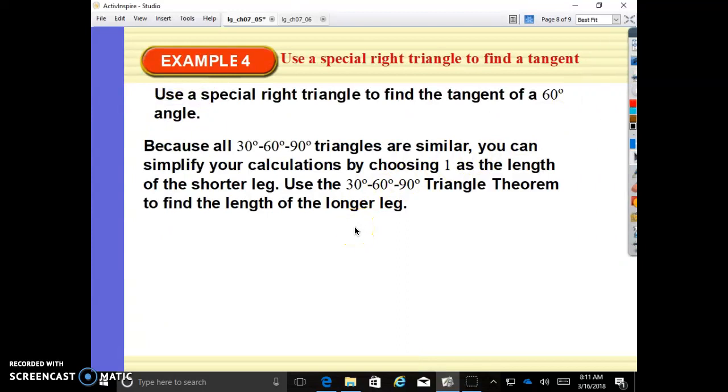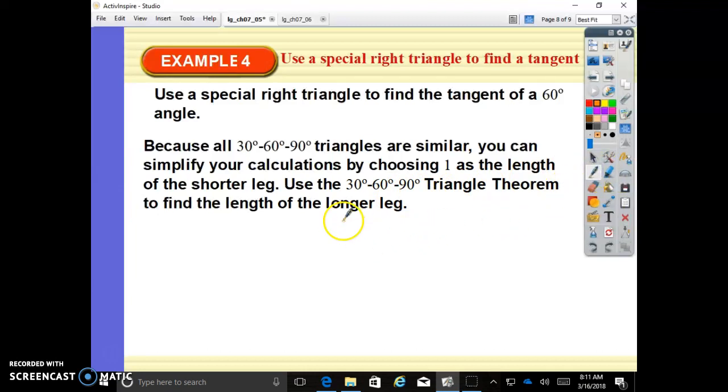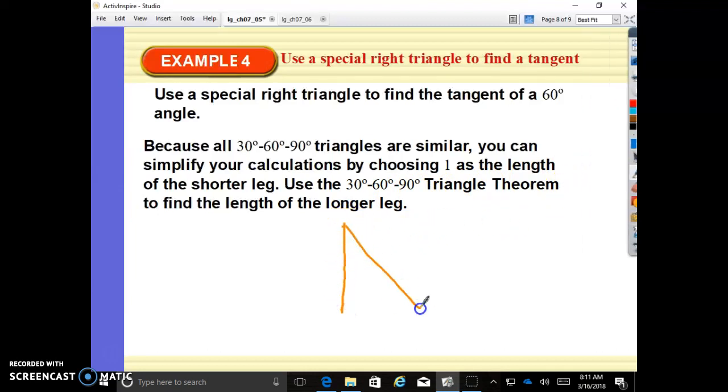Use a special right triangle to find the tangent of a 60-degree angle. 30, 60, 90. All right, so across from 30 is x. This is your 2x. This is your x rad 3.